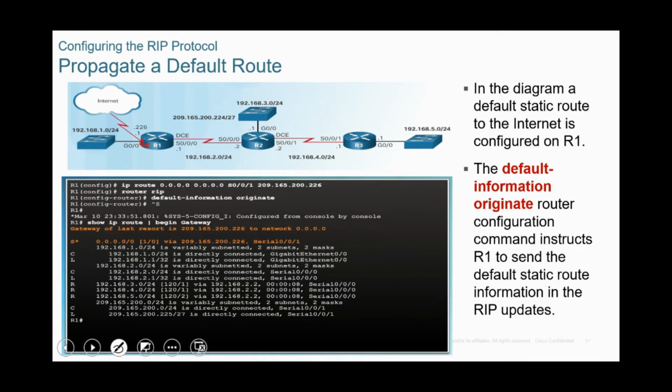You go to router 1, then you type ip route 0.0.0.0 0.0.0.0, and then you have your exit interface and the next hop IP address, which is 209.165.200.226.